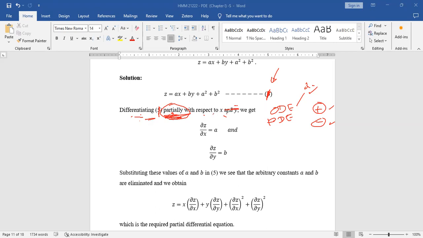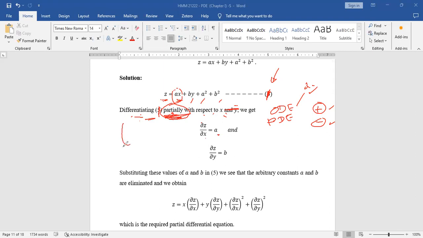Differentiating partially with respect to x, what do you get? If I differentiate this side, I'll get del z over del x. See, only this one has x, these are constants, so ax differentiated with respect to x gives a only. Am I right? Check yourself.